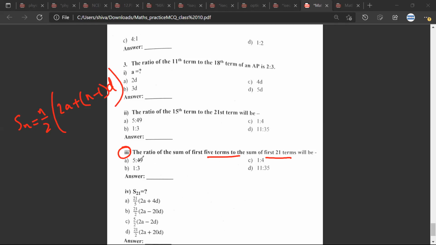So the ratio would be n upon 2, that means 5 upon 2, into 2 into 4d, sorry, plus 5 minus 1.